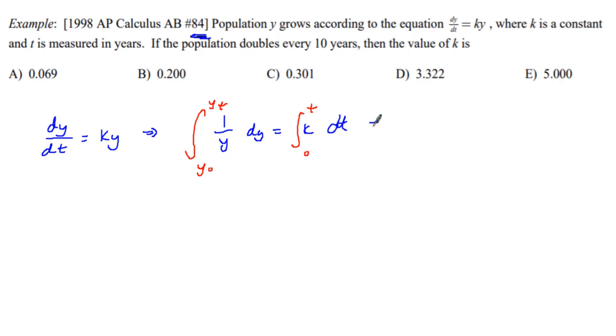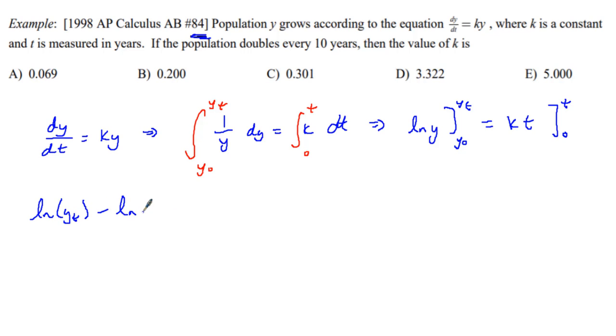And so when we do our integral, what's the integral of 1 over y is natural log of y, and we're evaluating that from y0 to yt, and we have kt, and we're evaluating that from 0 to t, which means we have natural log of y at some value t minus natural log of y0 is equal to kt, going from t to 0, which means we have natural log of y at some value t over y0 is equal to kt.